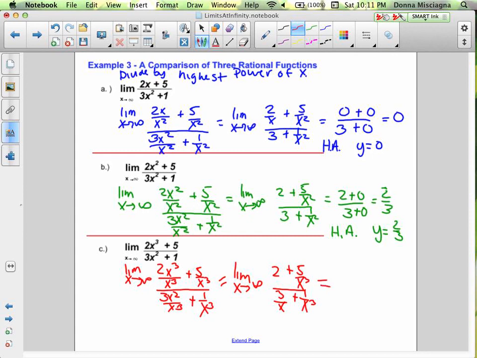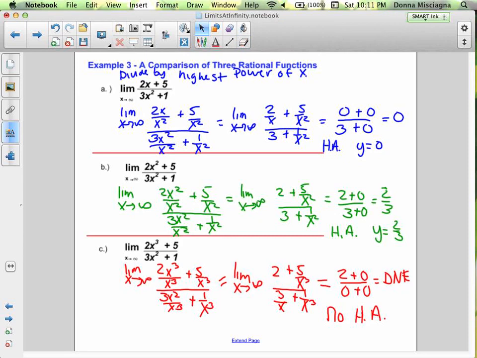Now my last step, it will be the limit, and I can drop that limit. It's equal to 2 plus 0 divided by 0 plus 0. This one does not exist, and we have no horizontal asymptote. Our function is growing without bounds.